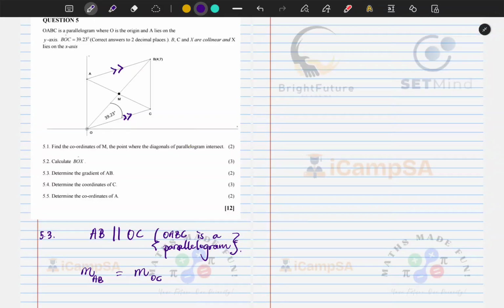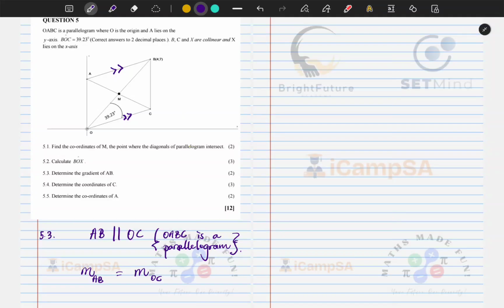The reason why that is important is because if we look at AB, we don't know the coordinates of A, so we cannot use our normal gradient formula. However, we do know the coordinates of O, but we don't know the coordinates of C. And if we don't know the coordinates of C, that means that we still can't use our gradient formula.